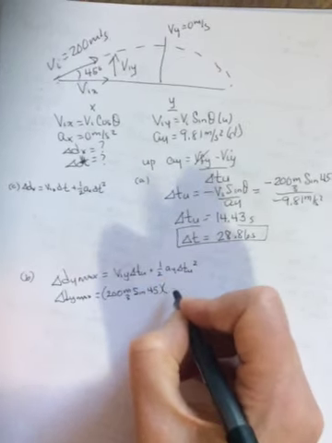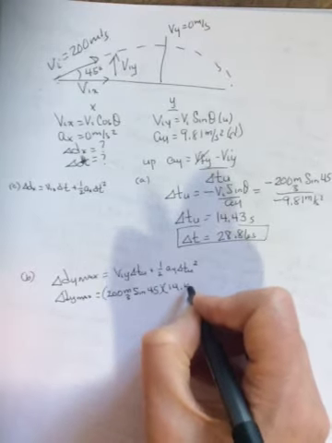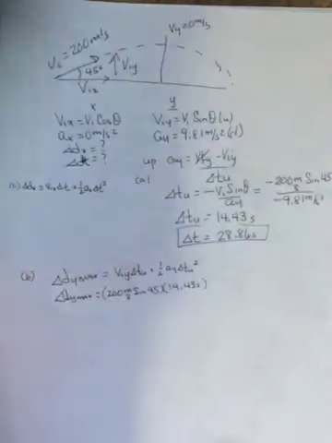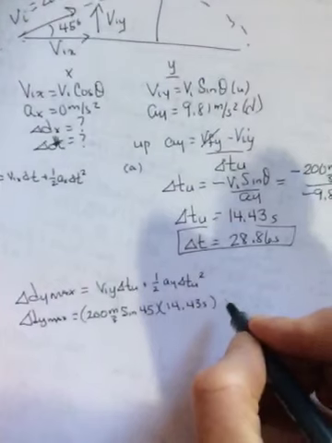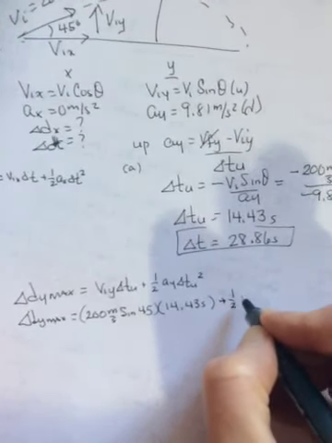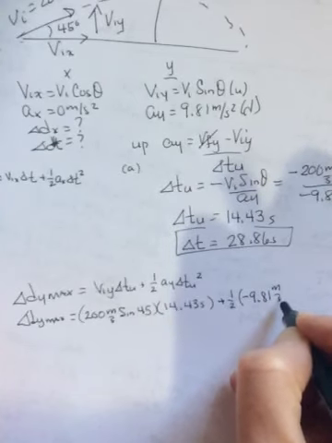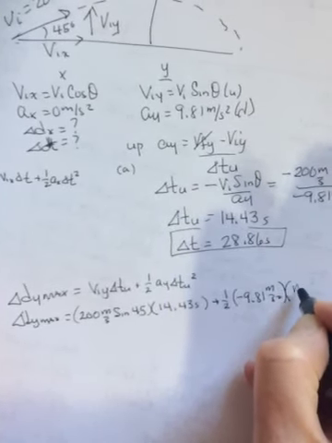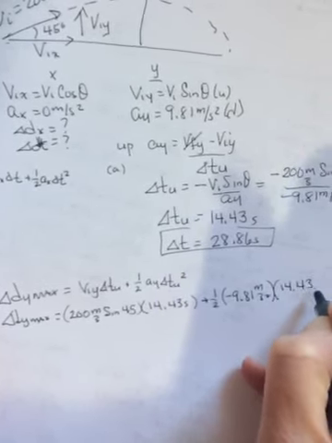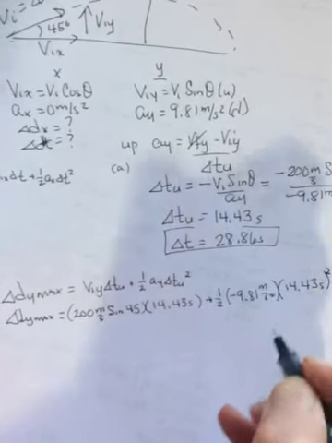And then our TU is 14.43 seconds. Plus 1/2 negative 9.81 meters per second squared times the 14.43 seconds squared.